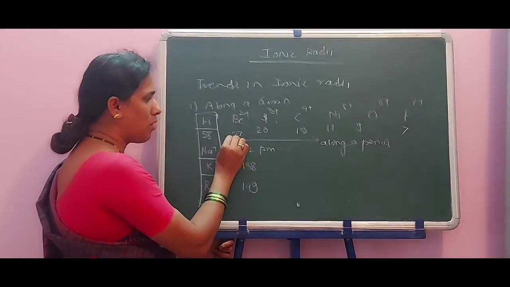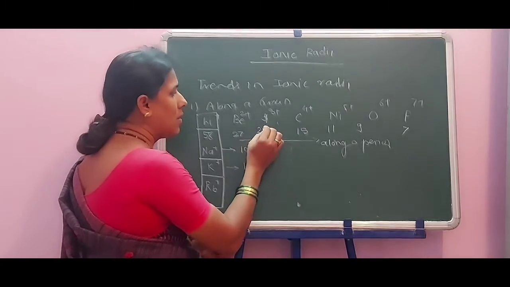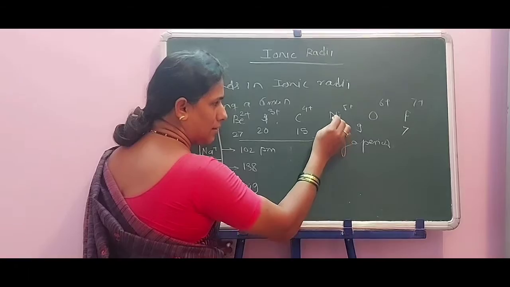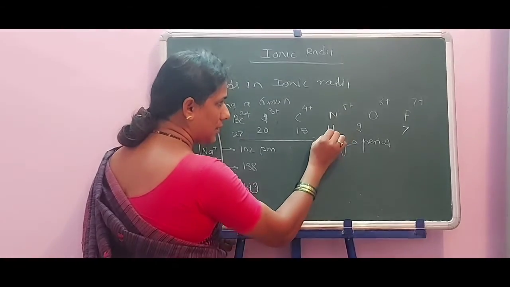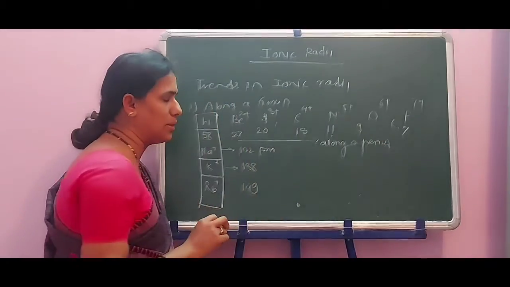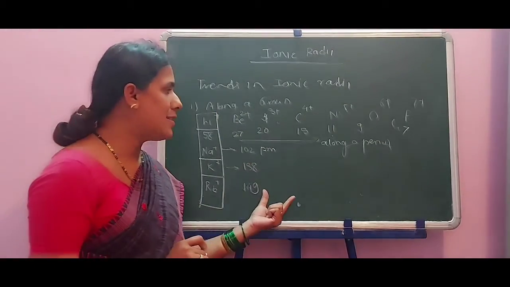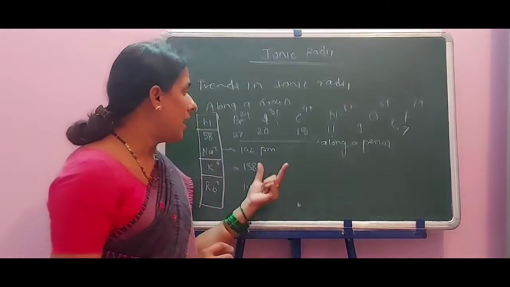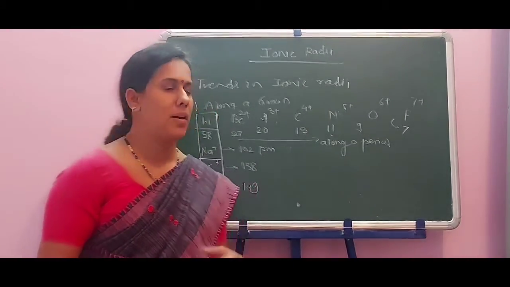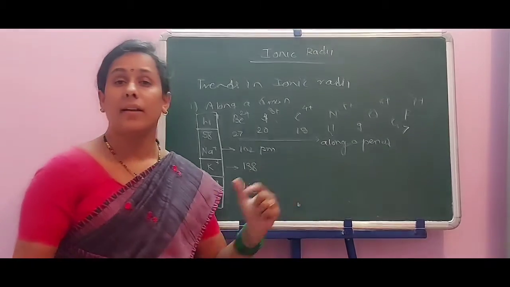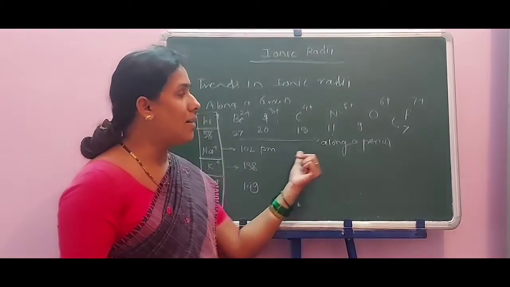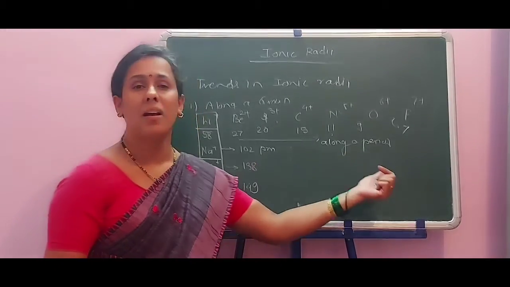These values are 27 picometer for beryllium, 20 for boron, 15 for carbon, 11 for nitrogen, 9 for oxygen and 7 picometer for fluorine. We can easily say that the ionic radii values increase from top to bottom, and along a period, in the case of isoelectronic species, these values decrease.